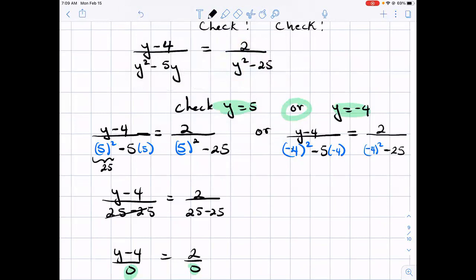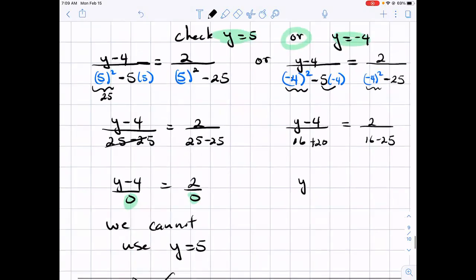Now let's see if we simplify this, do we have a 0 in the denominator? So we have y minus 4 over negative 4 squared becomes positive 16, and negative 5 times negative 4 becomes plus 20, equals 2 over, we said negative 4 squared is 16 minus 25.